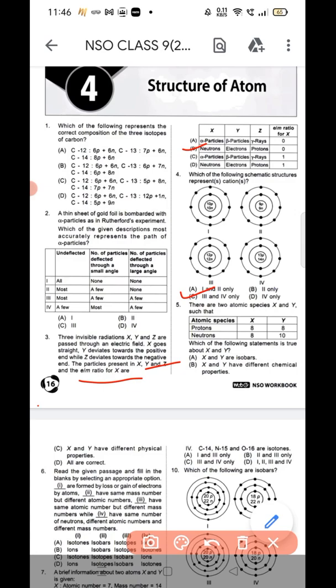Option A, X and Y are isobars. Option B, X and Y have different chemical properties. Option C, X and Y have different physical properties. So question number 5, option C is the correct answer: X and Y have different physical properties.